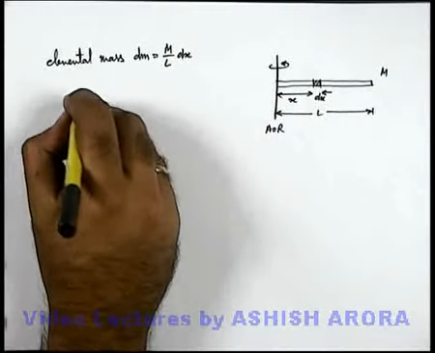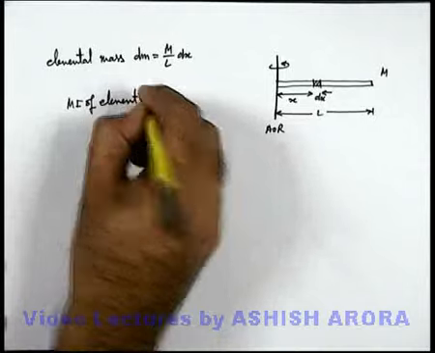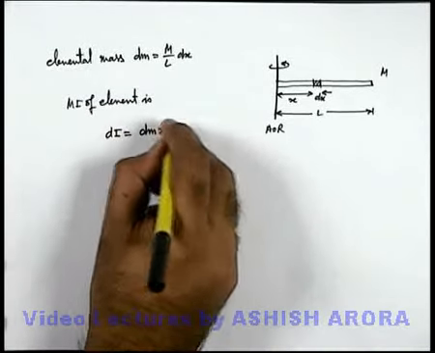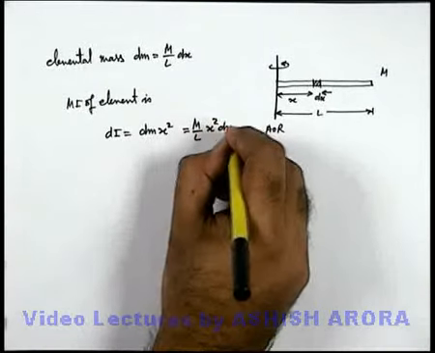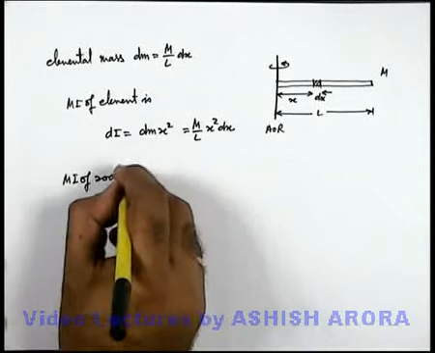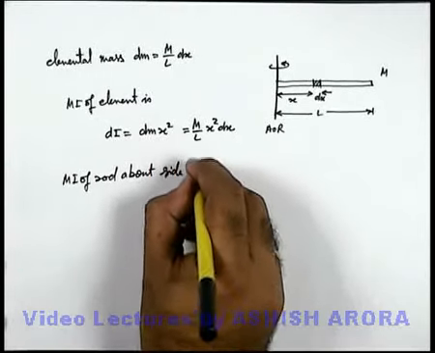And again, the moment of inertia of the element, dI, can be written as dm x square, which is m by L x square dx. So we can write the moment of inertia of the rod about the side axis of rotation.